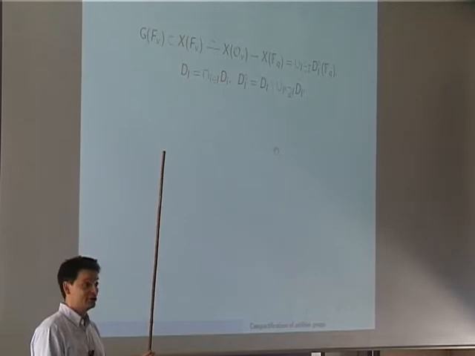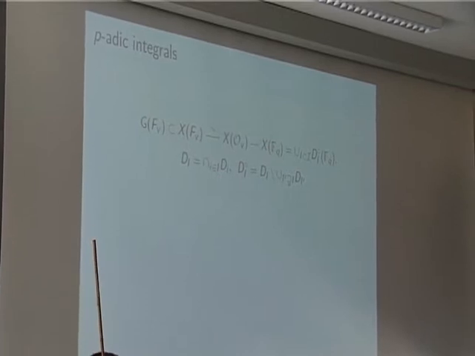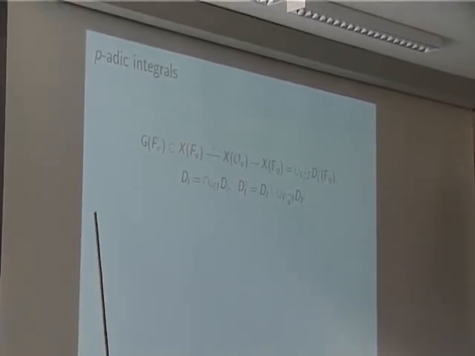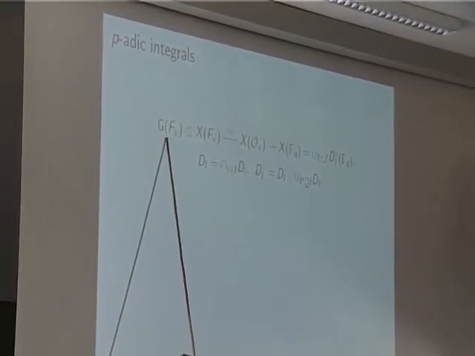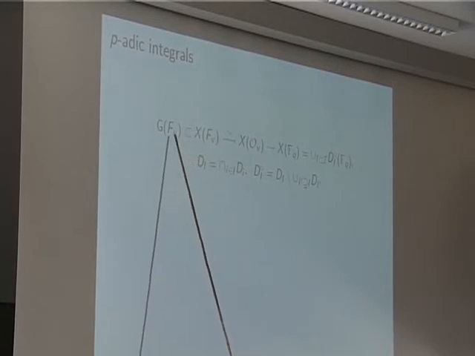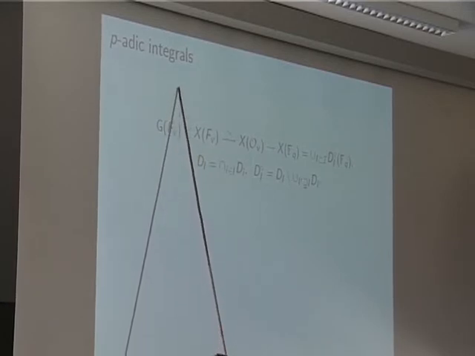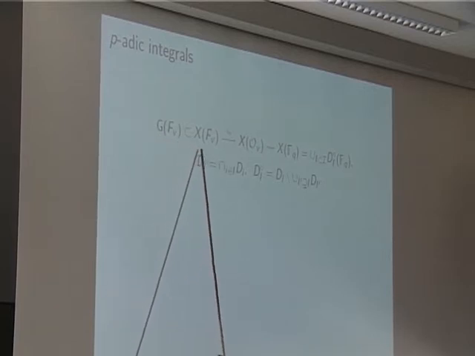So now we look at the general case. Here we have some complicated equivariant compactification of a unipotent group, G, and we look at the v-adic points here, and we're going to integrate the height function over G(F_v).